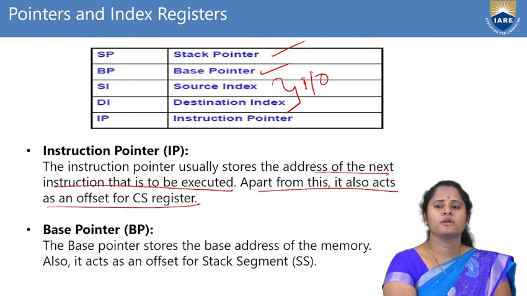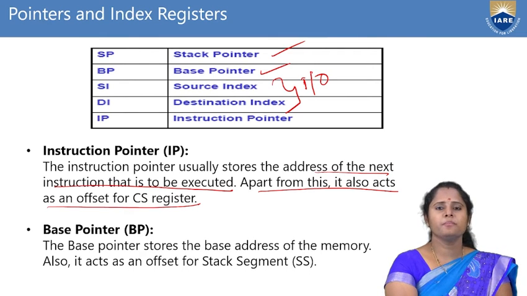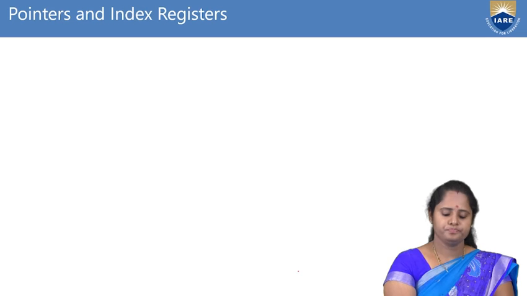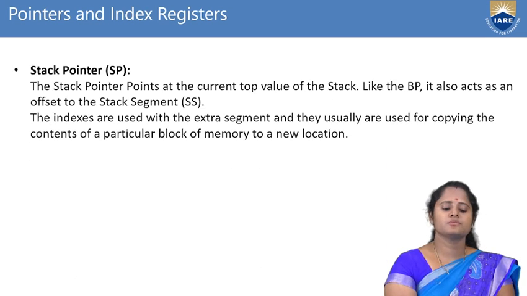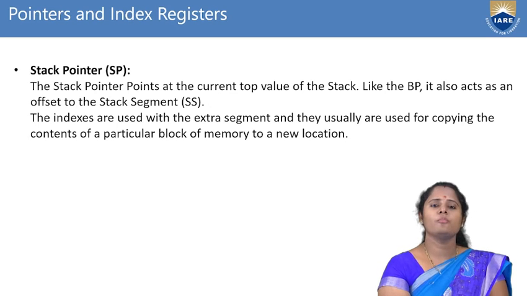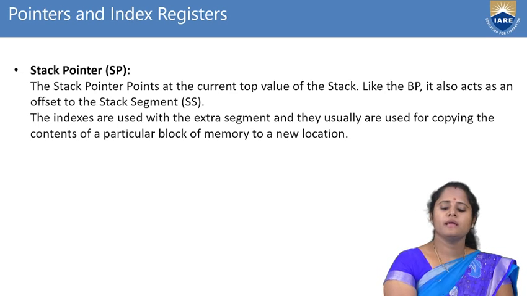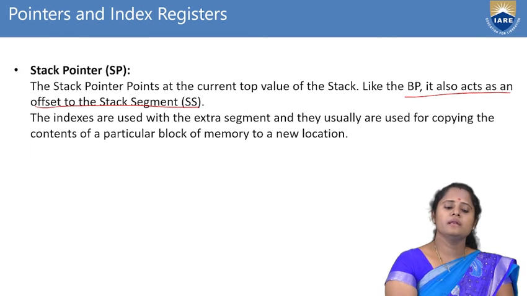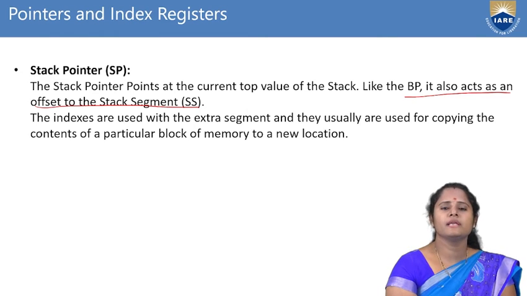Next one is the base pointer. The base pointer stores the base address of the memory, and it acts as an offset for the stack segment. Next one is the stack pointer. The stack pointer points to the current top value of the stack. Like the base pointer, it is also storing an offset. The index registers address the extra segment.